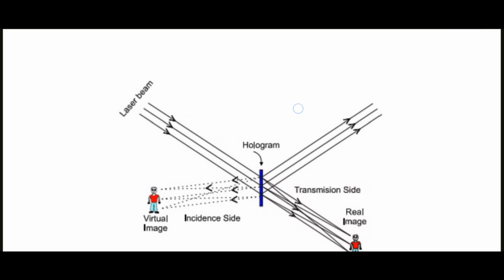Upon incidence, the reference beam undergoes diffraction in the hologram. Because of this diffraction, the secondary wavelets originating from each constituent zone plate interfere constructively, and they produce both a real and a virtual image at the corresponding points on the transmission side.